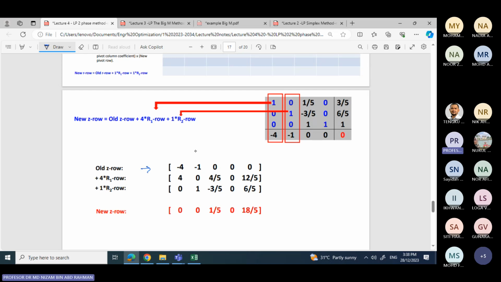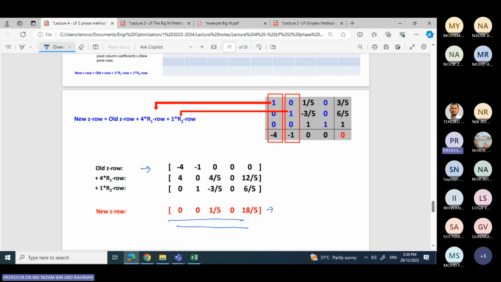Similarly, we want to eliminate this by multiplying 1 times the R2 row, which becomes 0, 1, minus 3 over 5, 0, 0, 6 over 5. When you add them up, -4 plus 4 equals 0, -1 plus 1 equals 0, and 4 over 5 plus minus 3 over 5 equals 1 over 5, 0. And you have 12 over 5 plus 6 over 5, which becomes 18 over 5. So this is your new Z row, and you substitute it into the initial tableau.